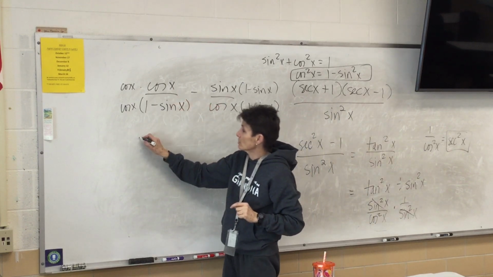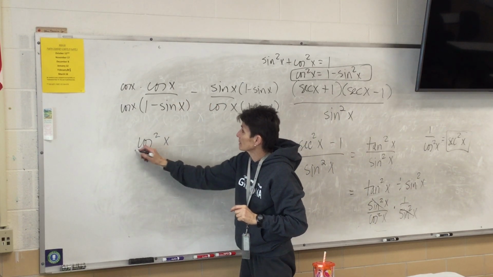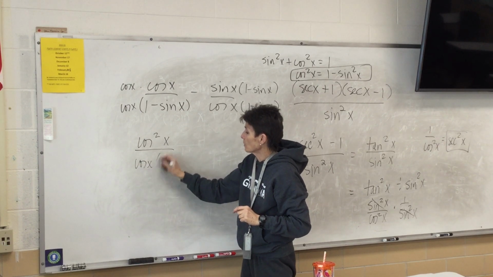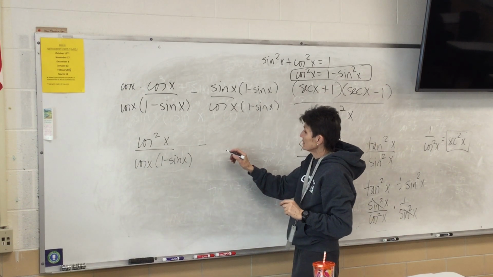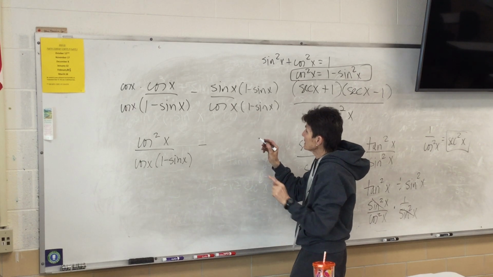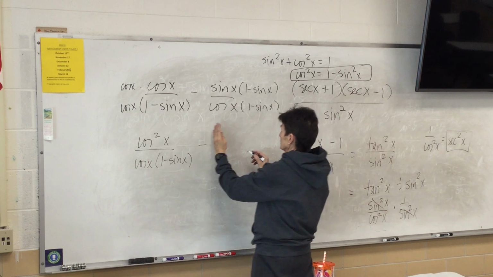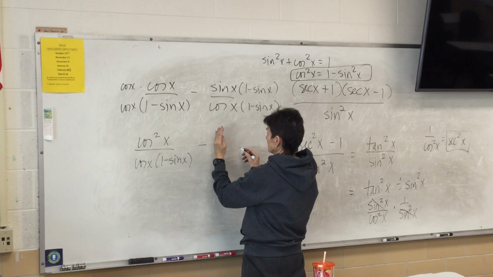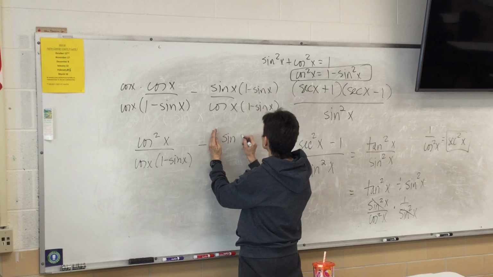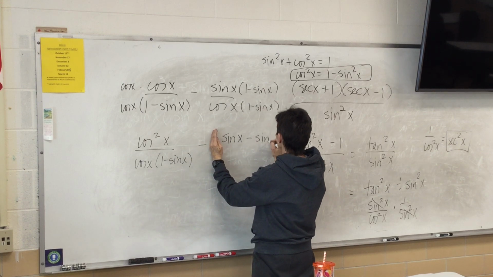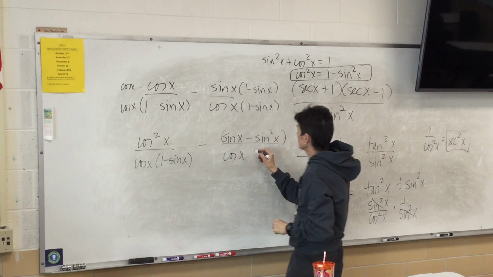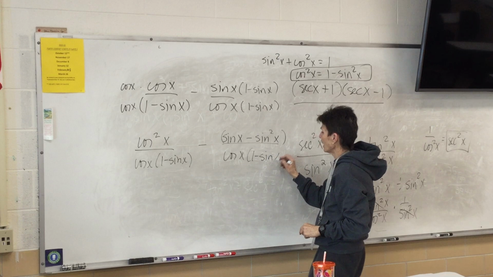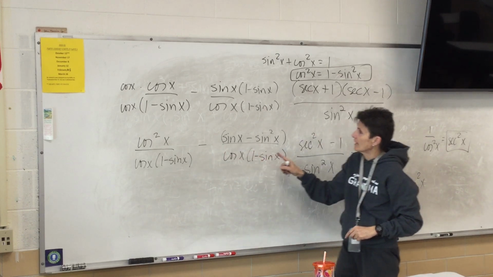So this is cosine squared over cosine times 1 minus sine. This is, okay, now I gotta be careful here. I'm gonna go ahead and, this is sine minus sine squared over cosine times 1 minus sine. You really have to watch out for the signs.